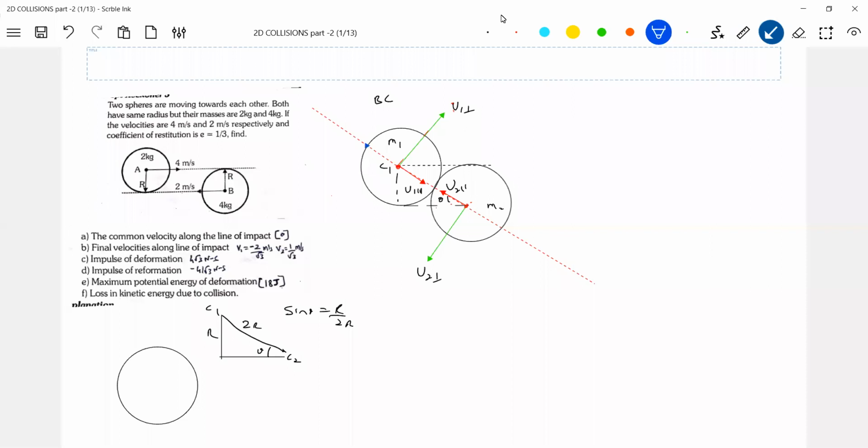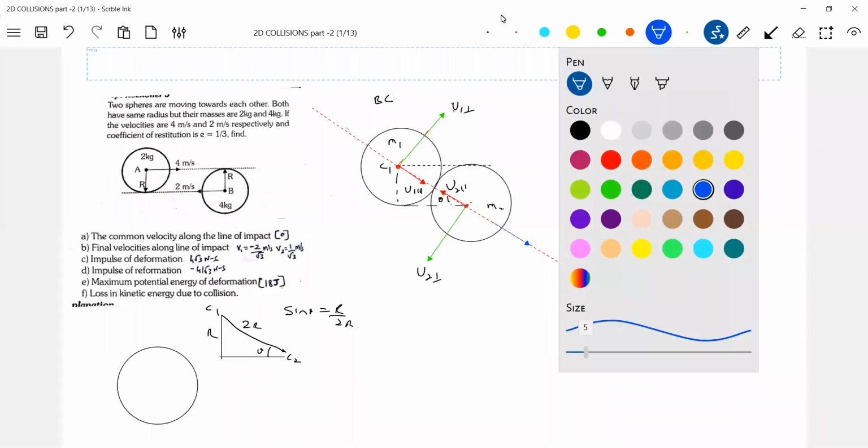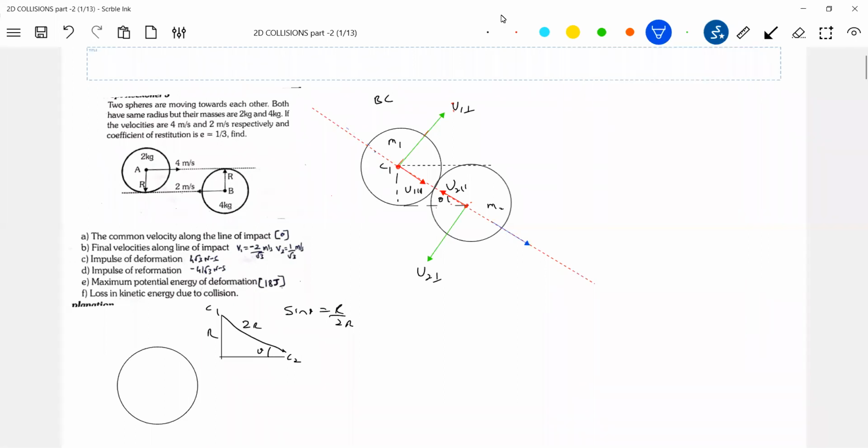I think now you can manage very easily. This is the impulse that will act.